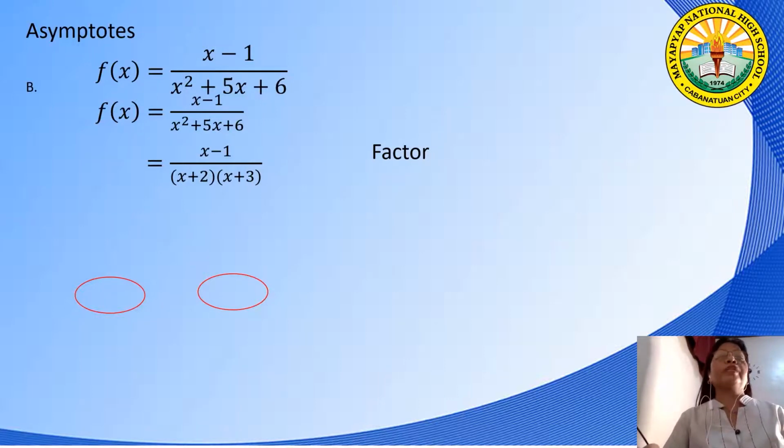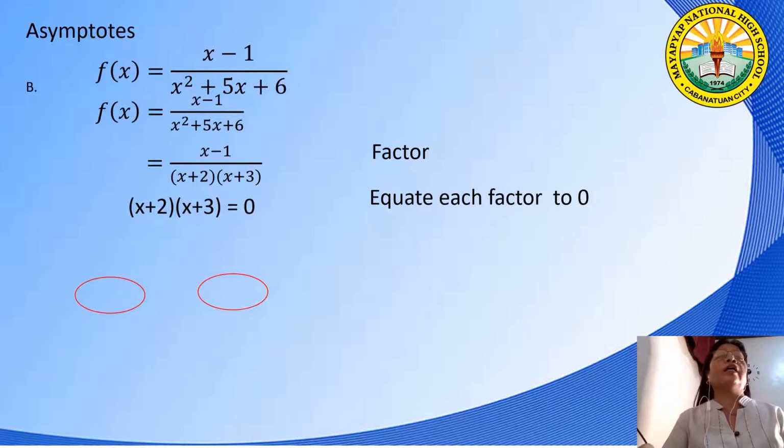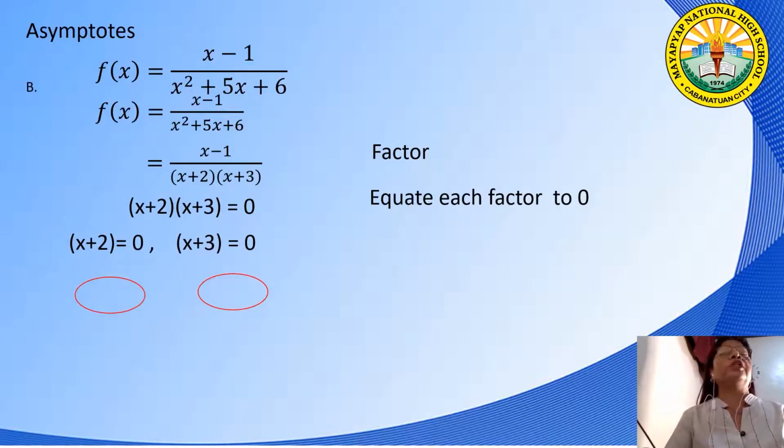Then you equate the factors in the denominator to 0 and solve for the value of x. So we have x plus 2 equals 0 and x plus 3 equals 0.